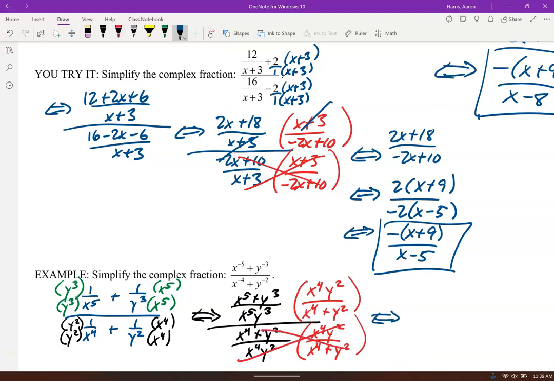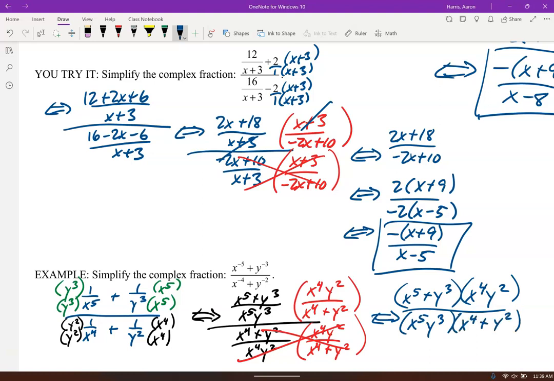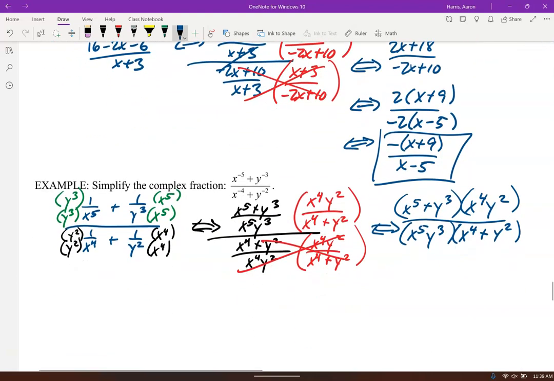Let's see what we got here. We have x to the 5th plus y to the 3rd times x to the 4th y squared. Down here we got x to the 5th, y to the 3rd, x to the 4th plus y squared. And notice there's 4 x's on the top. I could cancel because that's all being multiplied. So there's going to be 1 left over x right there. I got 2 y's on the top here, 3 on the bottom, so I'm going to have 1 y right there.